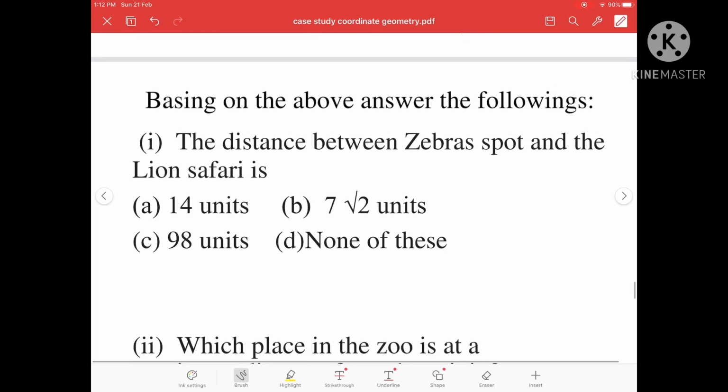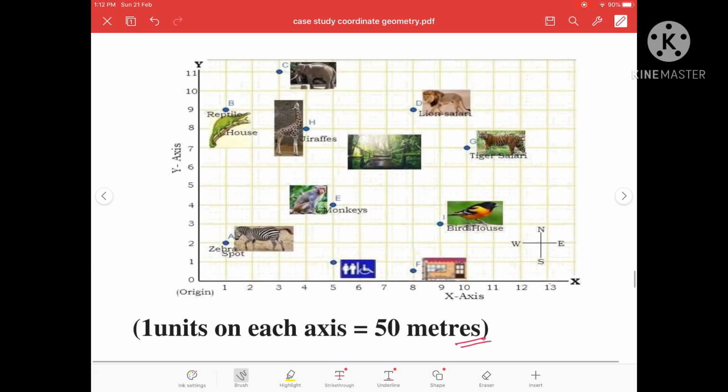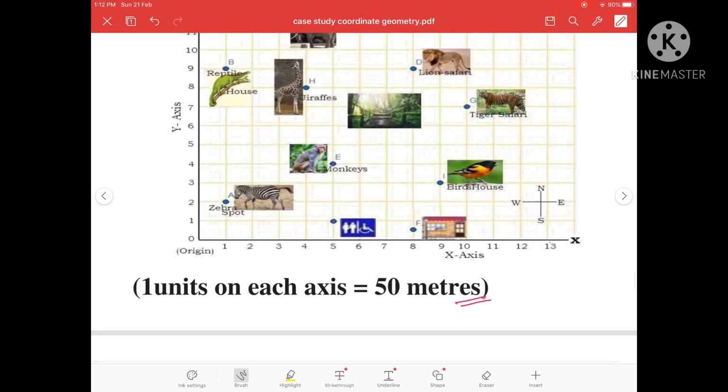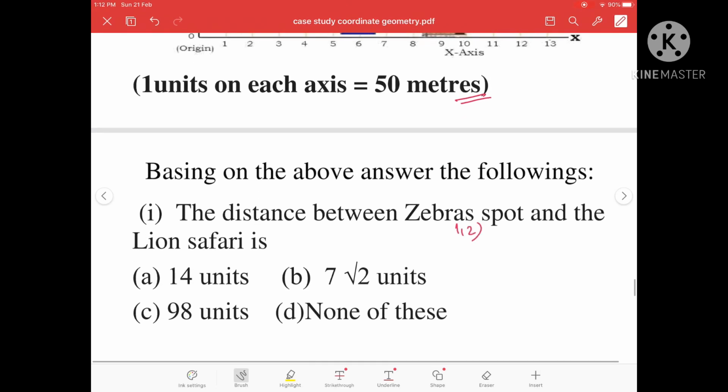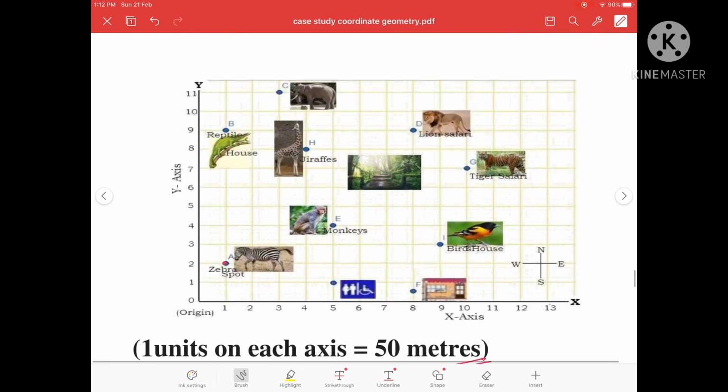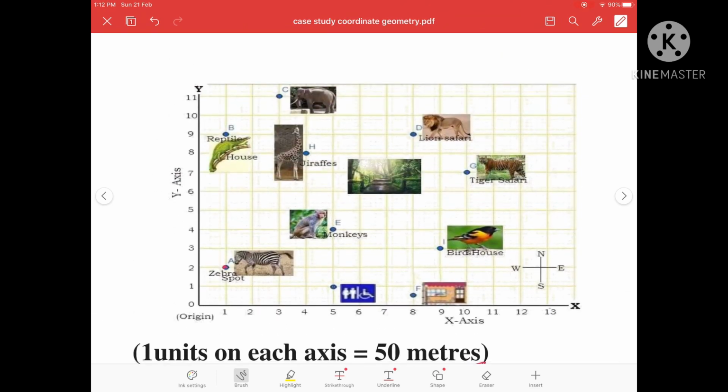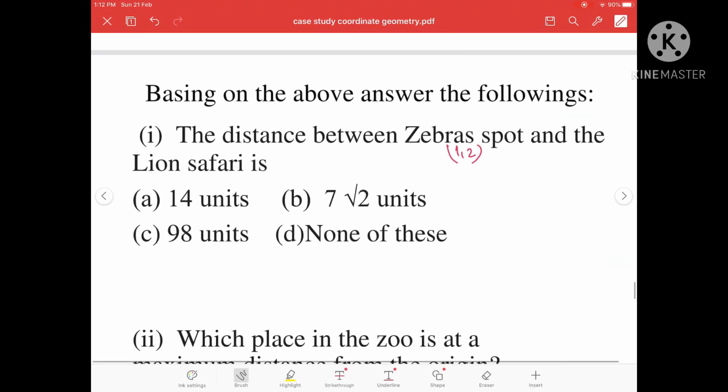The distance between zebra spot and lion safari. The coordinate of zebra spot is 1, 2, and the coordinate of lion safari is 8, 9. That means we have to find the distance between the points 1, 2 to 8, 9.